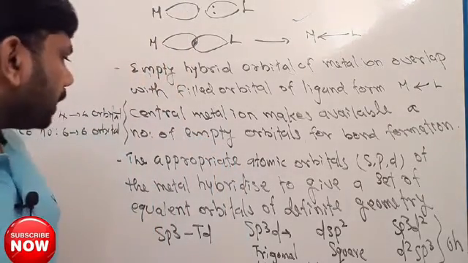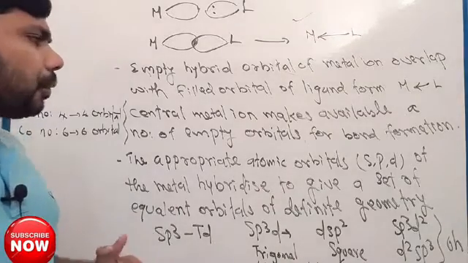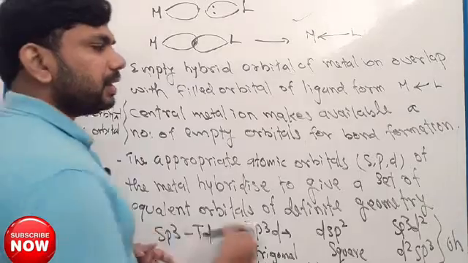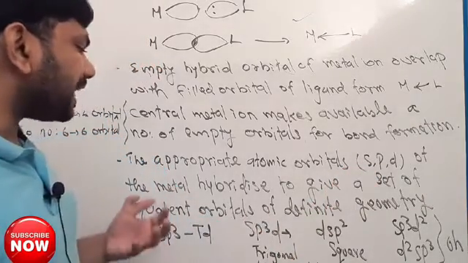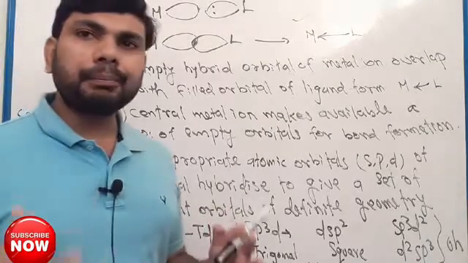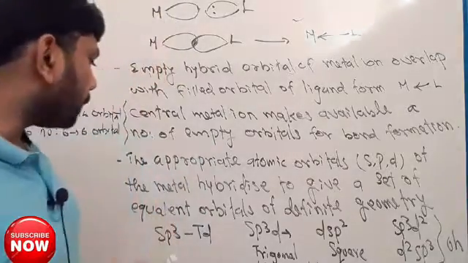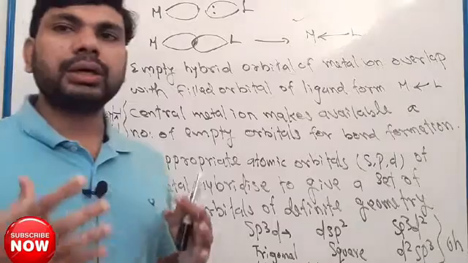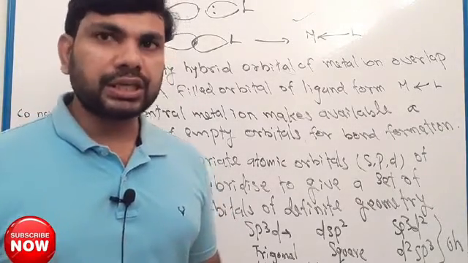Another point to understand is appropriate atomic orbitals. Appropriate atomic orbitals means the s orbital, p orbital or d orbital of the central metal atom hybridize to form a set of equivalent orbitals with definite geometry and definite energy.